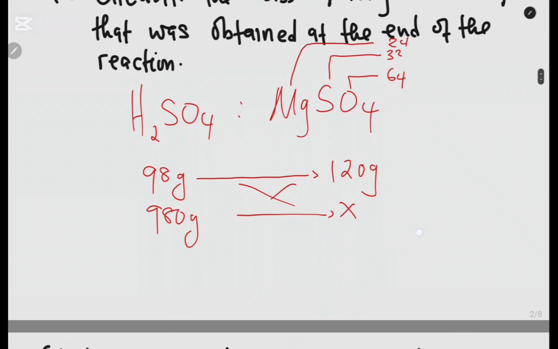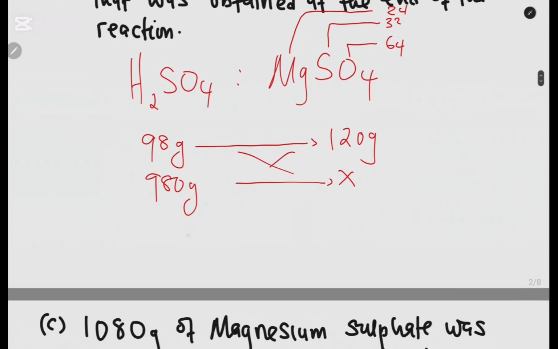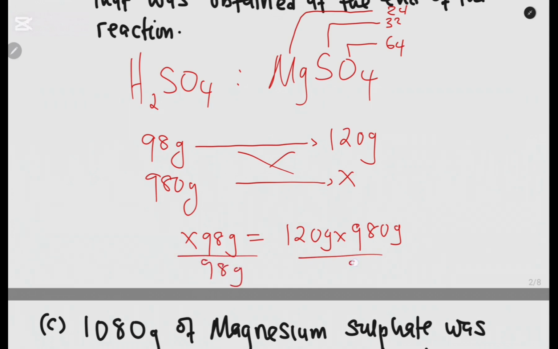So here you cross multiply and you are going to have X times 98 gram equal to 120 gram multiplied by 980 gram. Divide by 98 gram, divide by 98 gram.